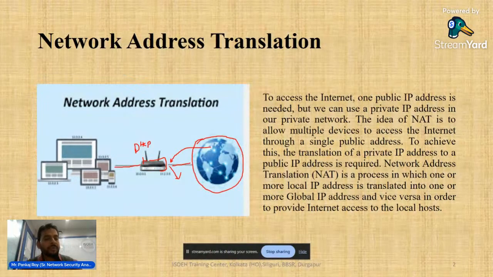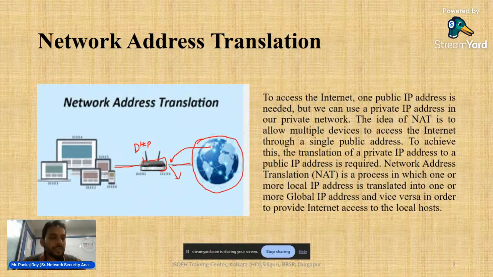A private address is not routable on public networks. So a private address is unable to access the internet, but the NAT service helps private addresses interact with public addresses. NAT is a service which transfers your packets from private address to public address.